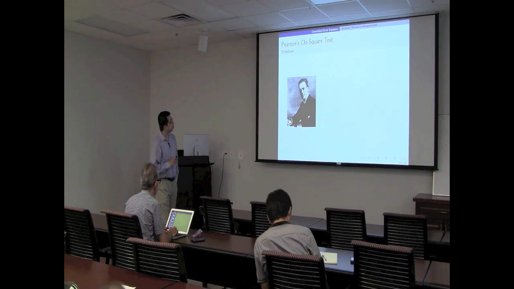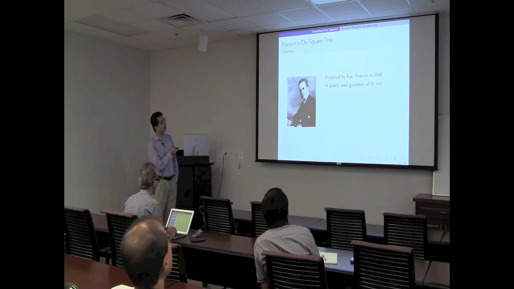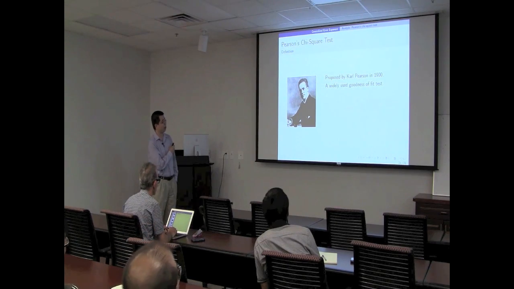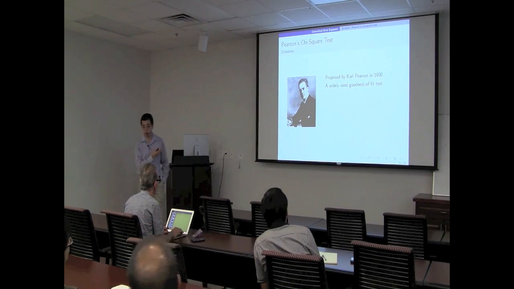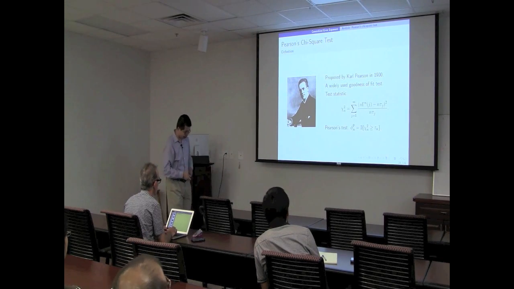Right. So let me come to a more classical test, which is proposed by Pearson. Okay, this is a picture of Pearson. And he studied this probably more than 100 years ago, and it's a really widely used test. And what it does is really simple.